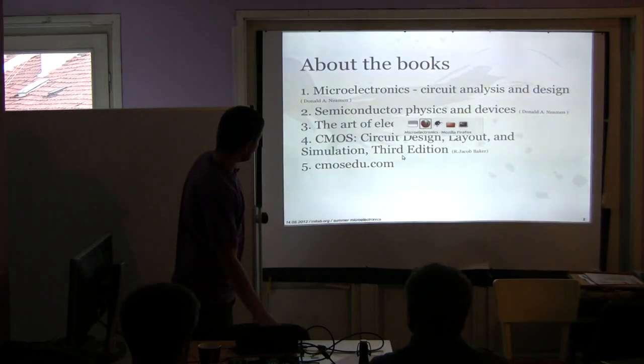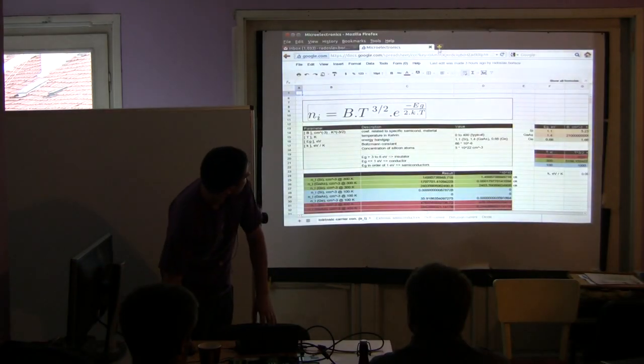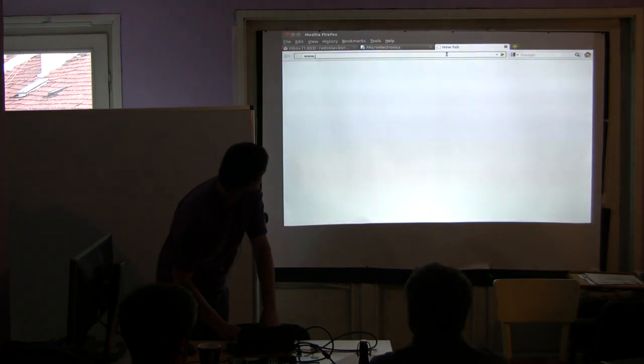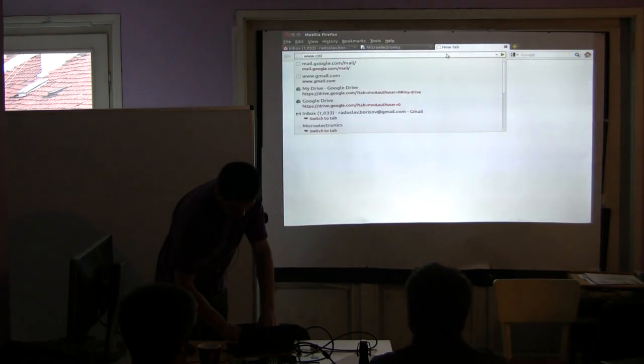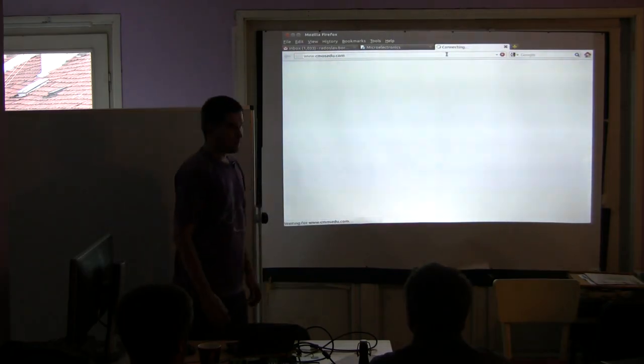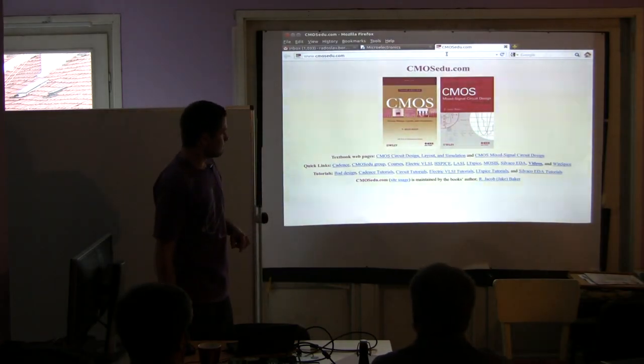I can show you actually the page. It's very useful. He uses Electric as software, and LTspice to simulate the circuits.